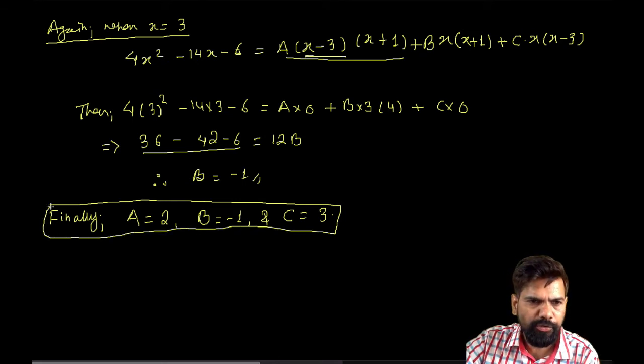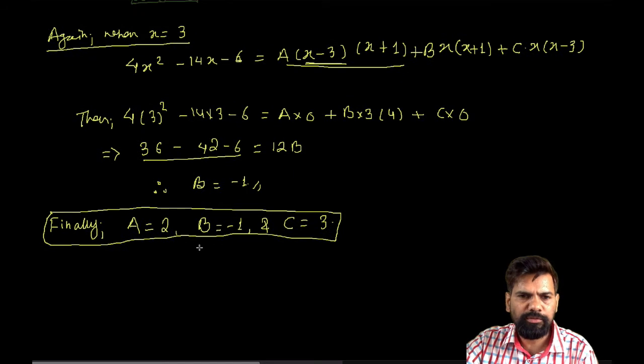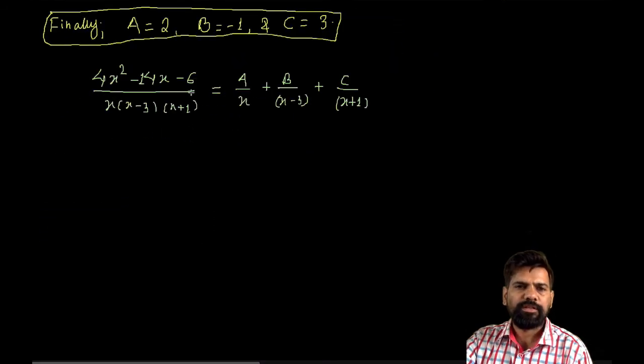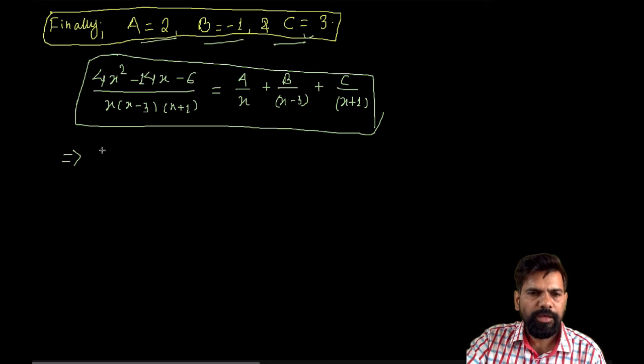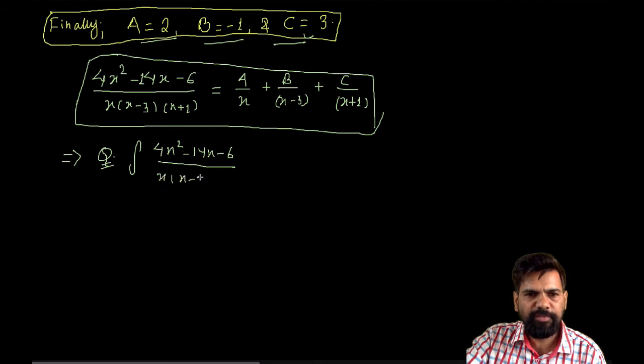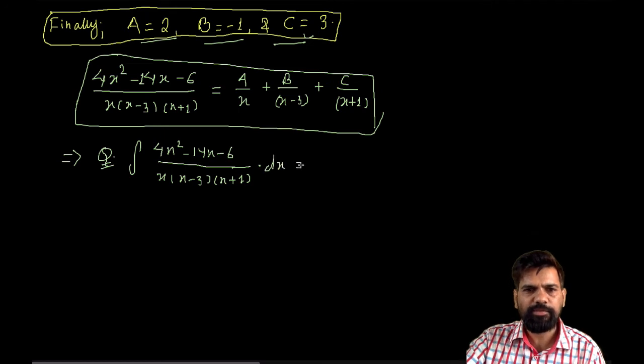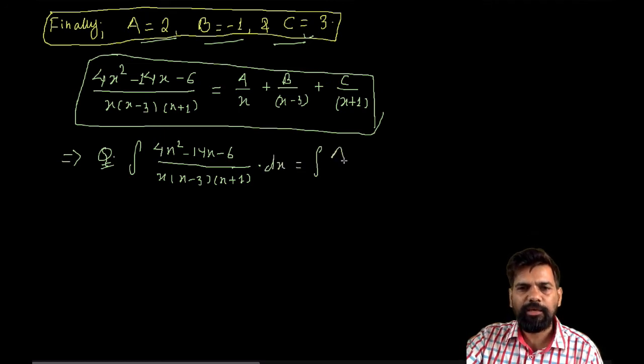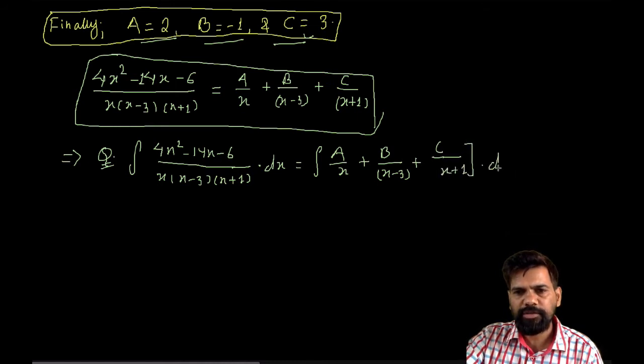Now, what we are doing is using these values in this equation. In our question, we have the integration of 4x square minus 14x minus 6 over x times x minus 3, x plus 1 dx, and we can rewrite it as A over x plus B over x minus 3 plus C over x plus 1 dx.